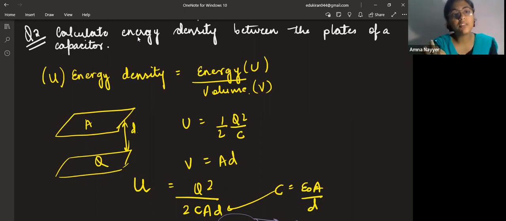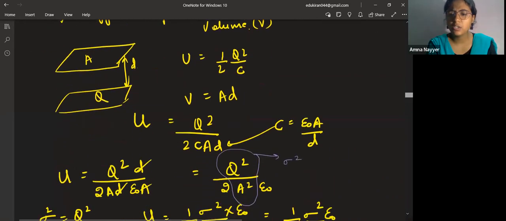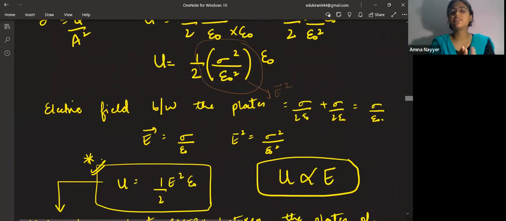We have already seen the three formulas of energy, so whatever formula you have, you can use it. But class, it's better for energy density also if you remember the final formula. The final formula is also sufficient, because this doesn't get modified much. You mainly use half E square epsilon naught.